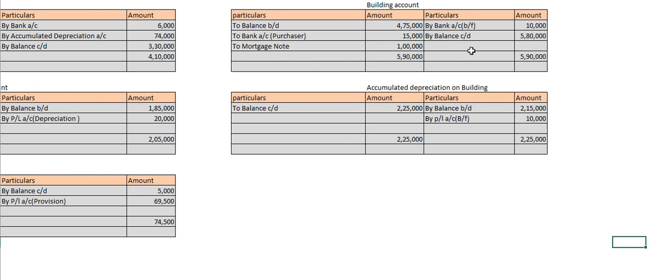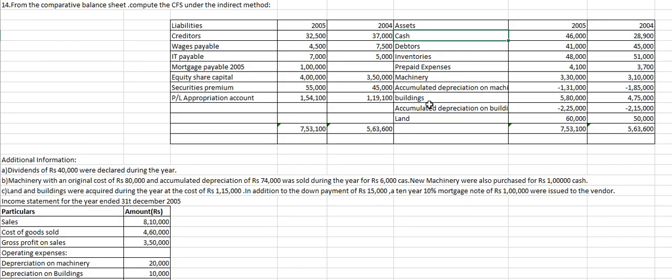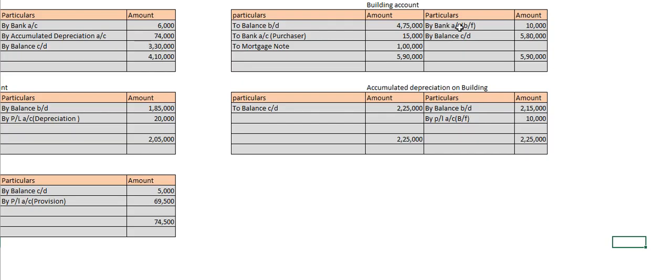So moving on to your next account, which is buildings account. So your opening balance of buildings is 4,75,000 and closing balance is 5,80,000. So to balance brought down 4,75,000. By balance carried down 5,80,000.